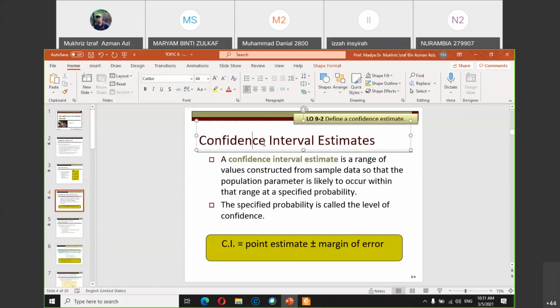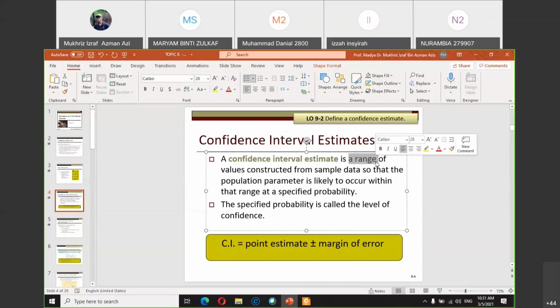In Malay we call it selang keyakinan. If you read Malay textbooks, confidence interval is translated as selang keyakinan. So what is a confidence interval estimate? The word interval refers to a range, with a lower value and also an upper value.